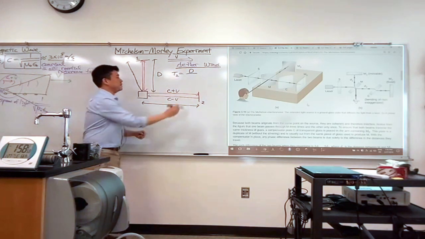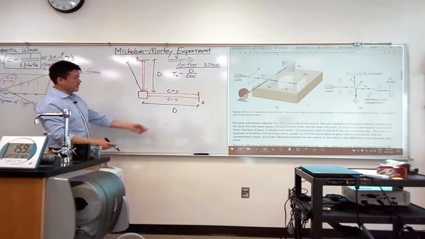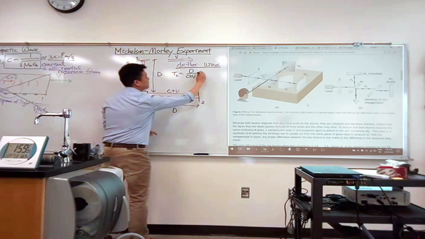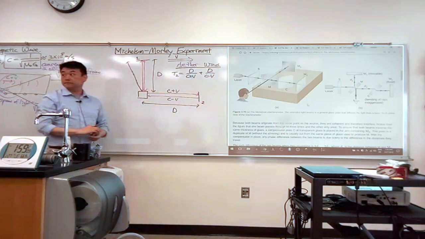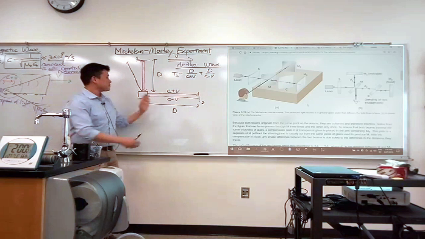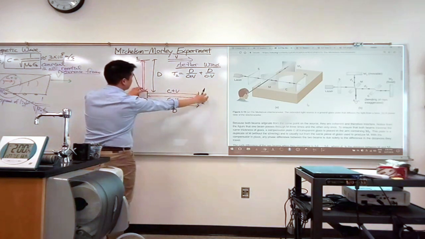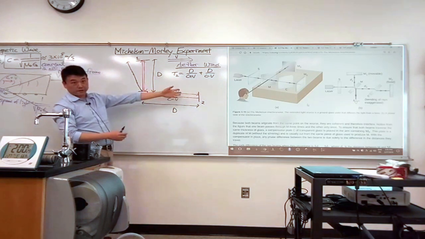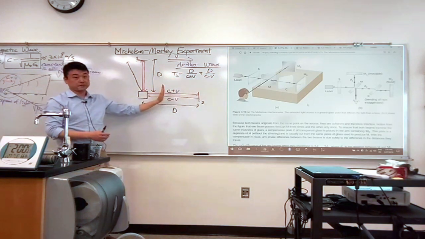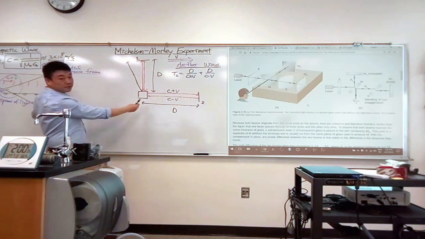So distance divided by c plus v, and the trip coming back plus distance divided by c minus v. Okay, so that direction of ether wind means this apparatus is moving this way, so going that way it should take shorter, because this is moving towards the light source. And going back should take longer because the target is moving away.